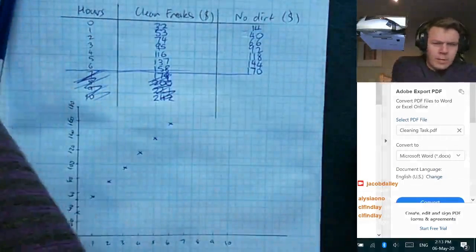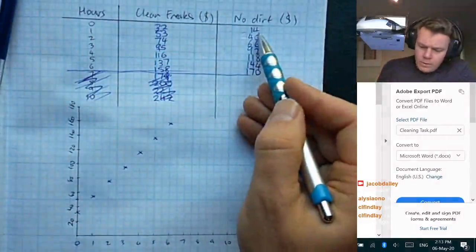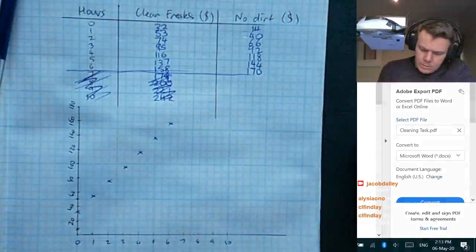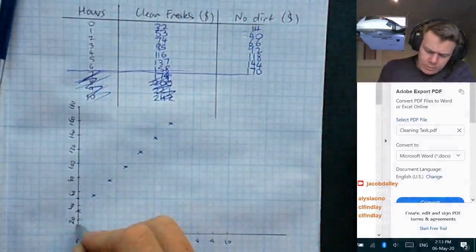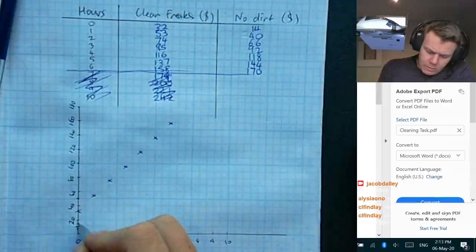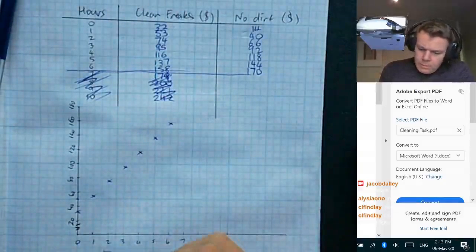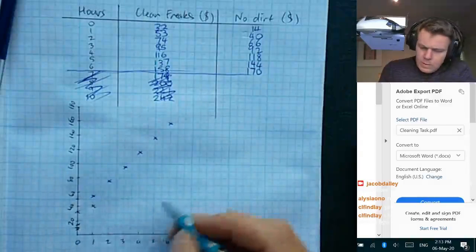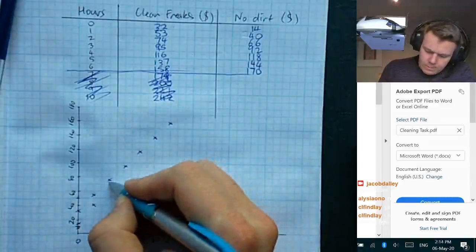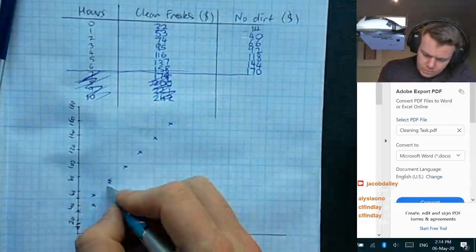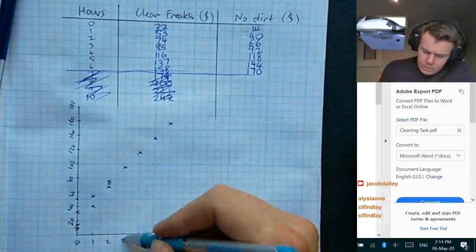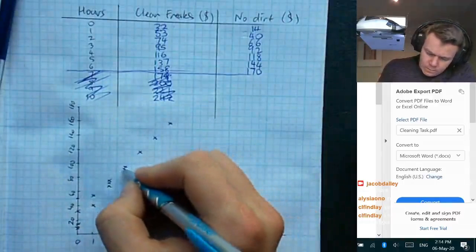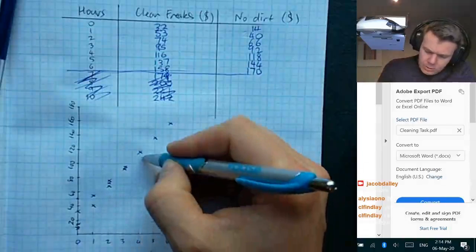Okay, I'll use a different pen for the No Dirt one. So No Dirt starts at 14. Wait a minute, that's actually 10, that would be about there. Then it goes up to 40, then 66, then 92, then 118.